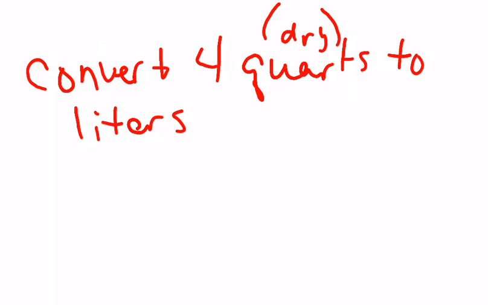So there is a difference between dry measurement and liquid measurement when we're talking about volume. We first have to know what dry quarts are going to be. So we have to take the 4 and multiply that by 1.164. That's going to give us how much we have in dry quarts.